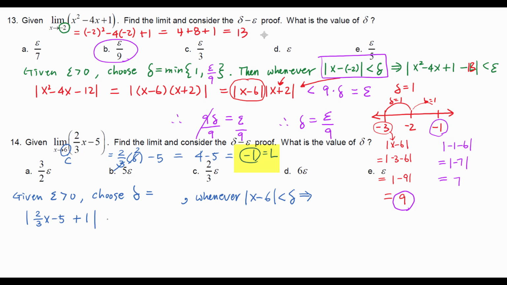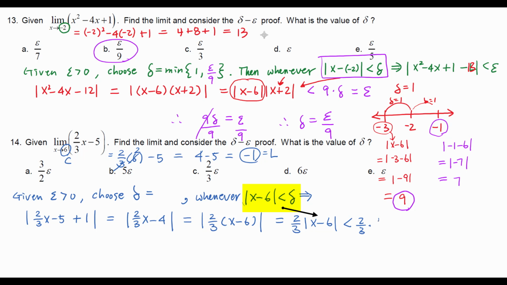so it became plus 1, which is equal to 2/3 x minus 4. So if you factor out the 2/3, it is 2/3 times x minus 6. Perfect. That's what we needed, right? So this is 2/3 times the absolute value of x minus 6, which is less than 2/3 times delta.